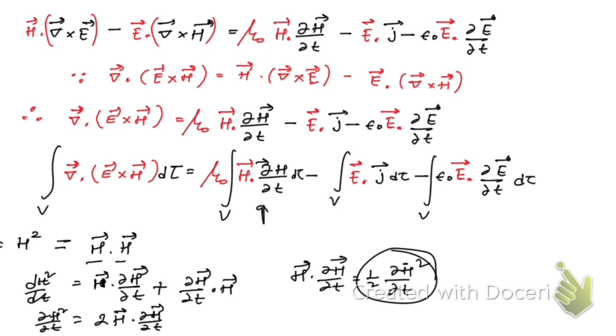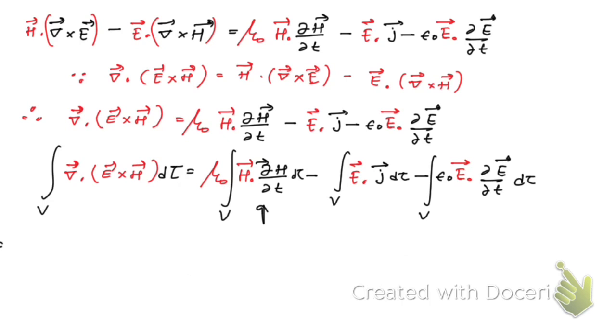Similarly, we can replace this one by half del E square by del t. I hope you have understood this. Now let me clean these things. So therefore the next step, we can write integration del dot, let me just copy it from the above equation.